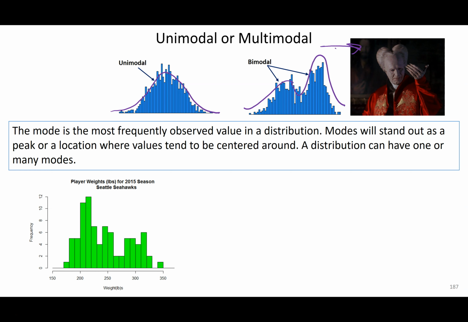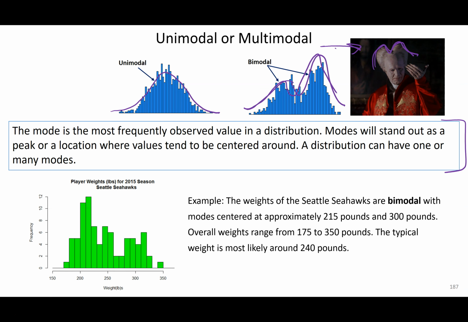So when we think bimodal, think Dracula's hairdo. You know, that one from the 90s with Keanu Reeves? That's what we mean by bimodal. We're not worried about little bumps like this. We're worried about big bumps like that. Okay, that's what we mean by bimodal. So we're asking how many peaks. You can use unimodal, bimodal, multimodal, or you can just describe how many peaks there are.